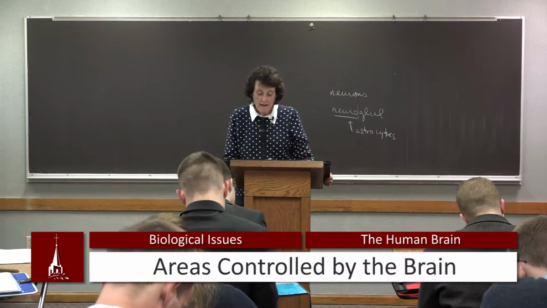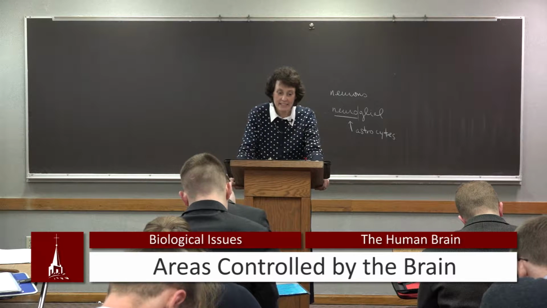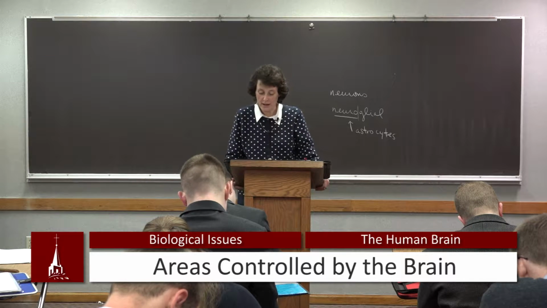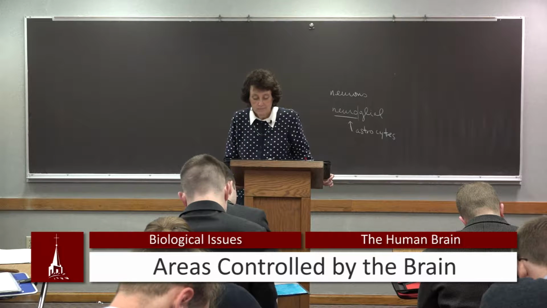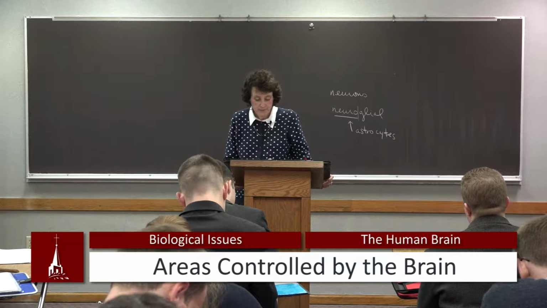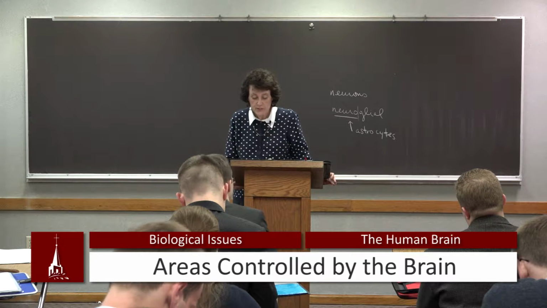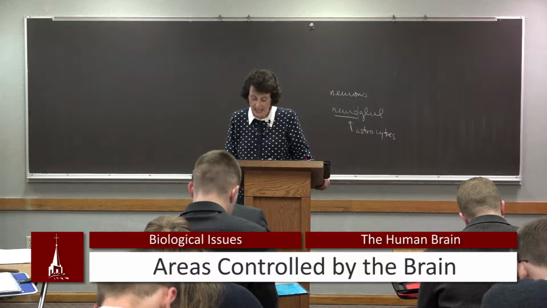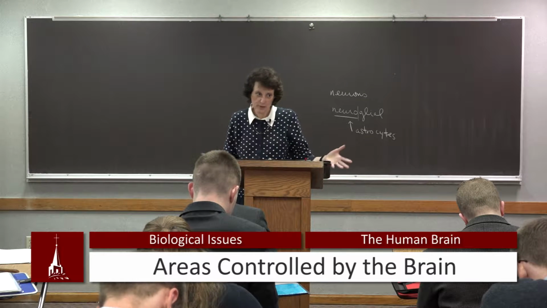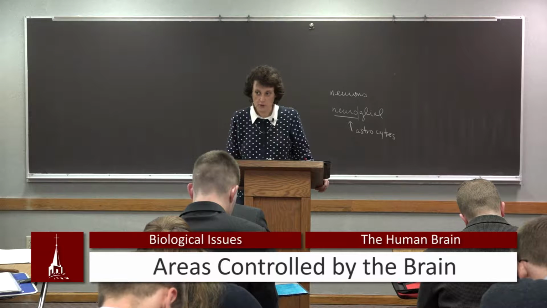First of all, physical body functions controlled by the brain. Physical functions of the brain include motor activity and coordination. That's muscle movement. It's referred to as motor.